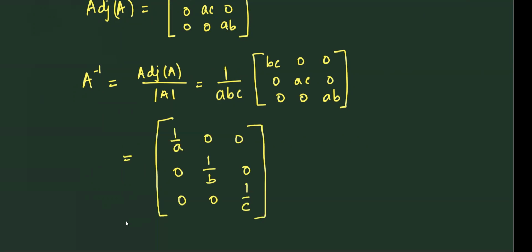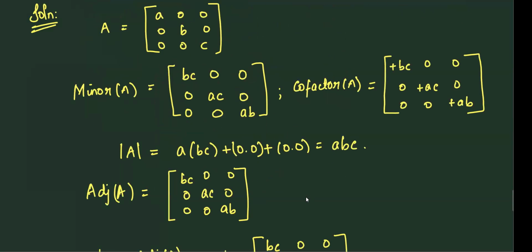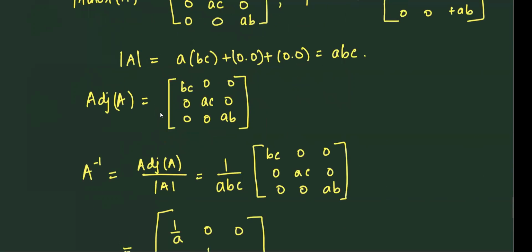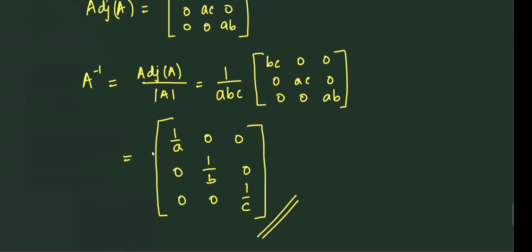So what is the important lesson? When there is a diagonal matrix, the inverse of a diagonal matrix is another diagonal matrix with elements as the reciprocal of the original diagonal elements.